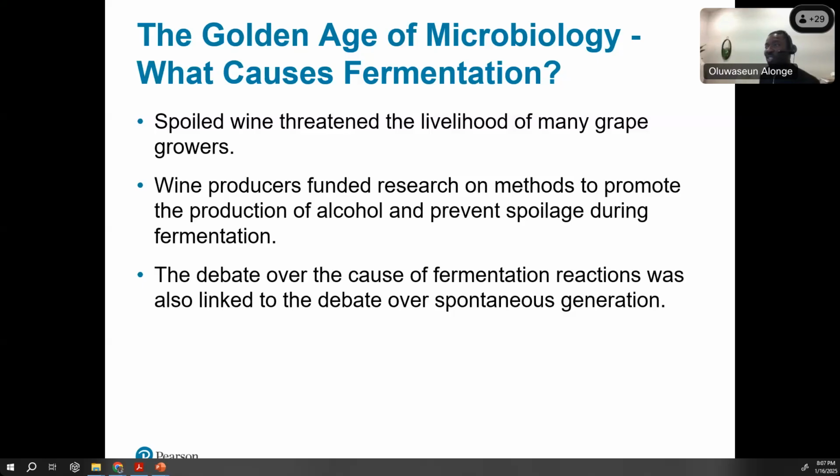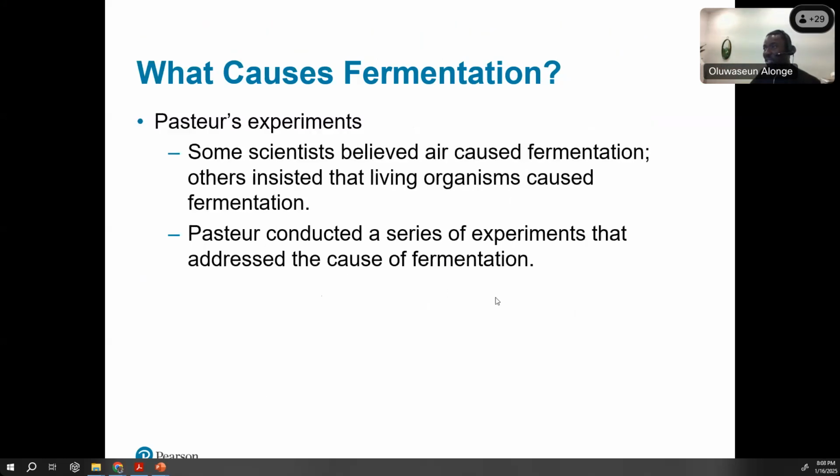Spoiled wine threatened the livelihood of many grape growers, and then the wine producers funded research on how to produce alcohol without spoiling it. How do we ferment alcohol without it spoiling because of microbial activity? The debate over the cause of the fermentation reaction was also linked to the debate over spontaneous generation. So that made it huge.